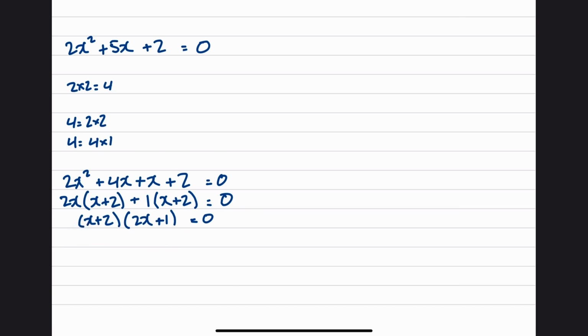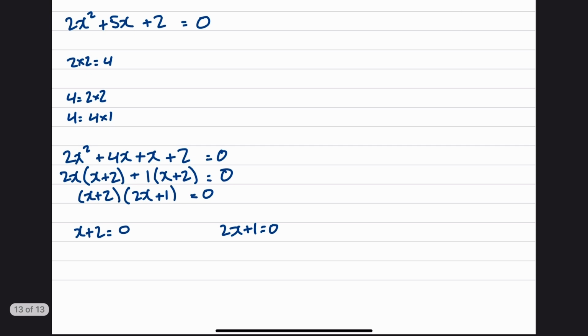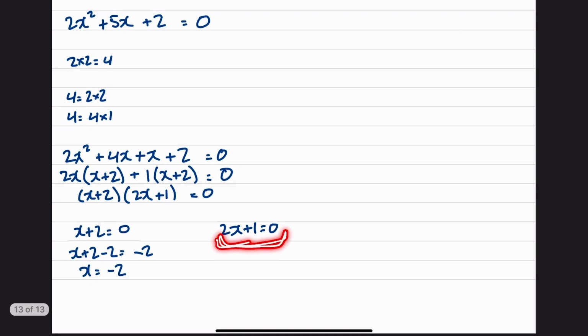And now that we have our quadratic as a multiple of two linear factors, we can separately equate them to 0 and isolate them for our answers. So x plus 2 equals 0 and 2x plus 1 equals 0. To solve this, we'll minus 2 on both sides, so x plus 2 minus 2 equals minus 2 to isolate our x, and this becomes x equals minus 2. For this we'll subtract 1 on both sides to isolate our 2x, so 2x plus 1 minus 1 equals minus 1.